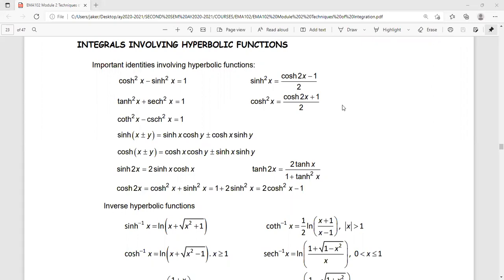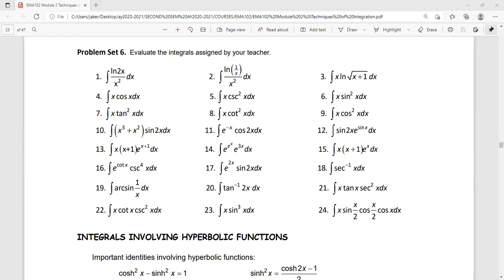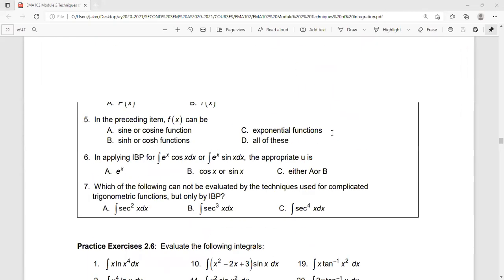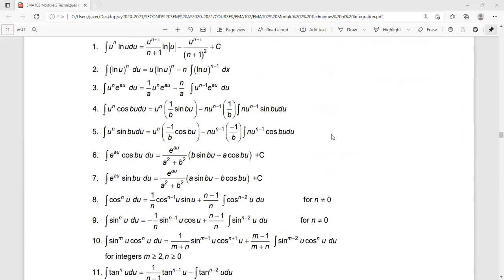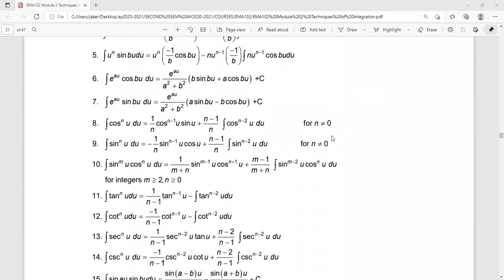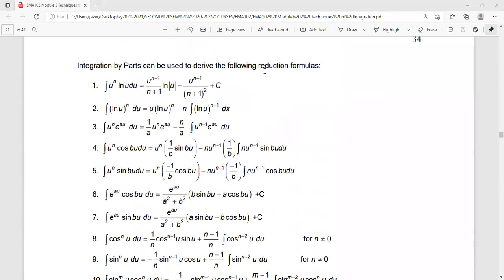Now, last meeting, if you recall, we ended with integration by parts. I have mentioned that before we go to the next topic, I will show you these formulas. We call these reduction formulas. I hope you could see it now.